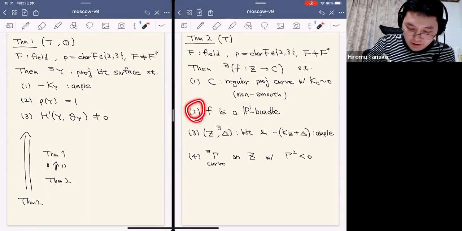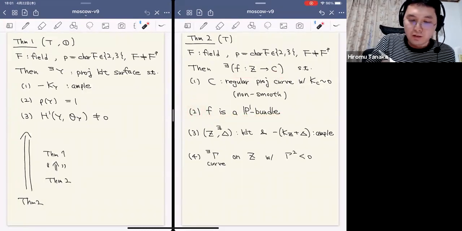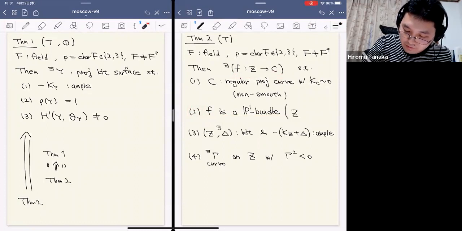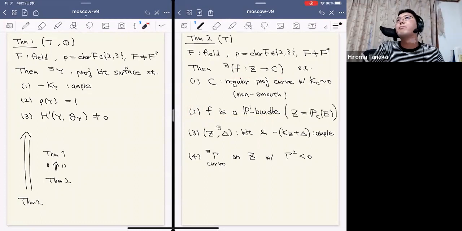Then the second property is nice, which means that this is a P^1-bundle in the usual sense. I mean, this is the projective vector bundle associated to a rank 2 vector bundle on C. So this f is in particular a smooth morphism.